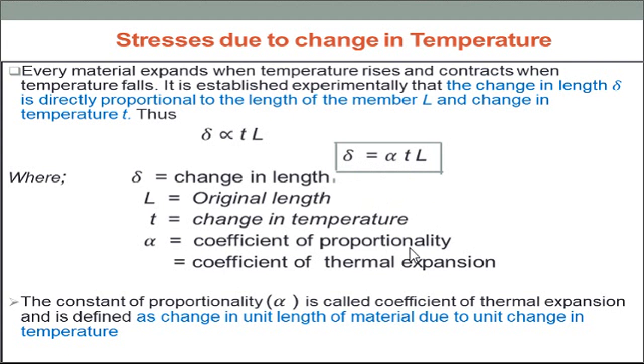This constant of proportionality alpha is also called the coefficient of thermal expansion, and it is defined as the change in the unit length of material due to a unit change in the temperature.